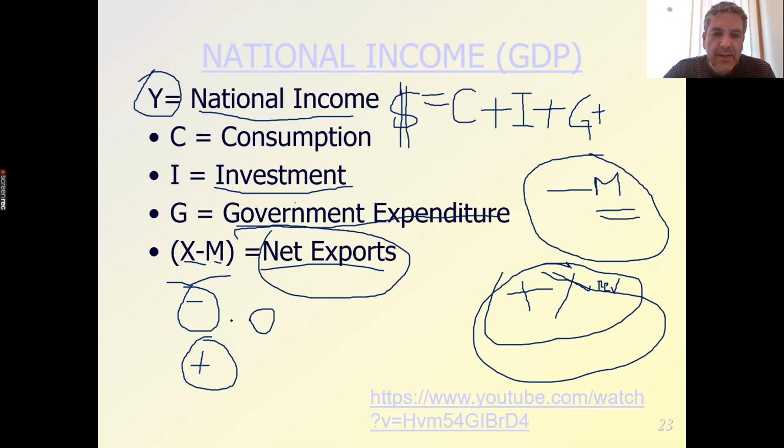It's very unusual that X minus M is zero, but if that happens, everything we receive from selling our goods is outweighed by what we're buying from the rest of the world. So there's no net outflow or net inflow of money in terms of exports and imports.